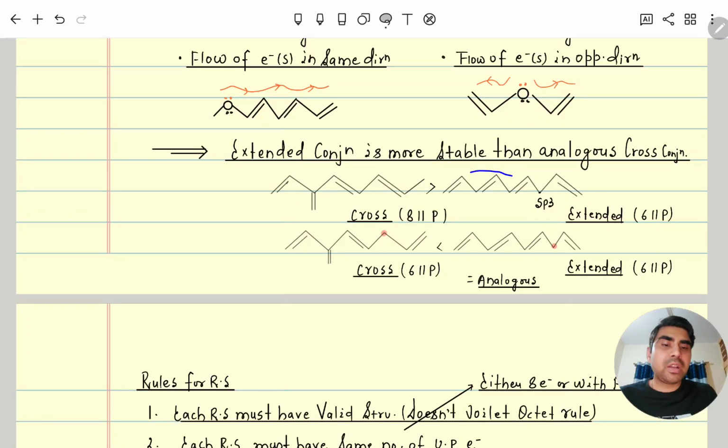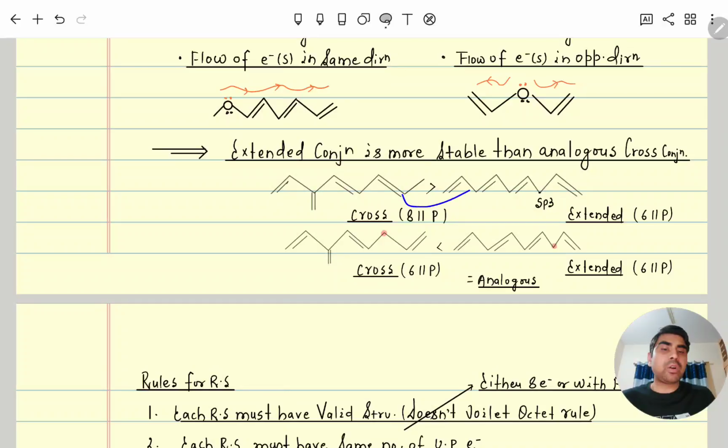Here you can see only 3 parallel p orbitals, meaning only 6 parallel p orbitals are there. Here there is an sp3, so the conjugation is broken. So even though it is extended, it is not an analogous series, because it has only 6 parallel p orbitals, but here it has 8 parallel p orbitals.